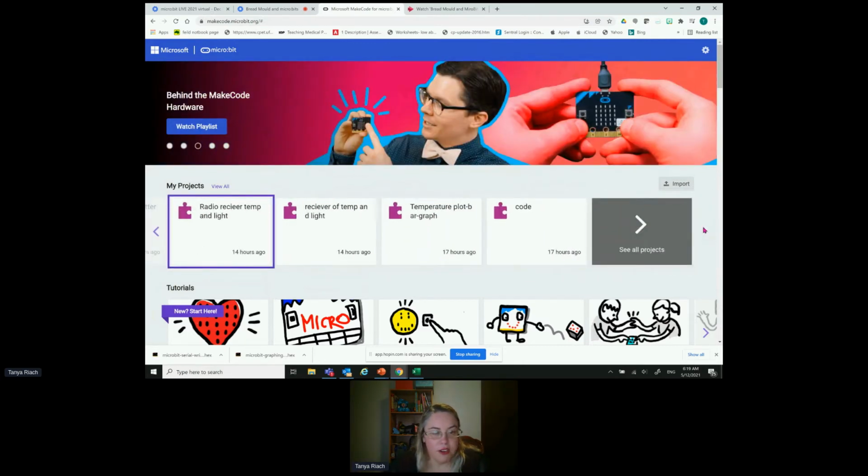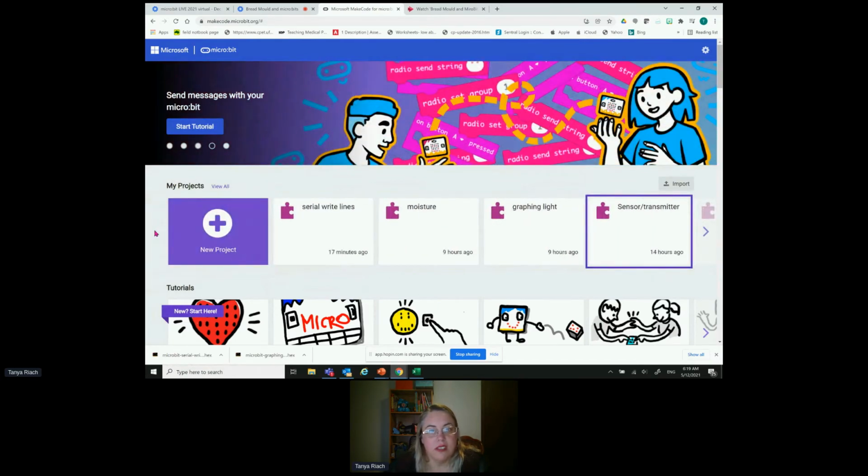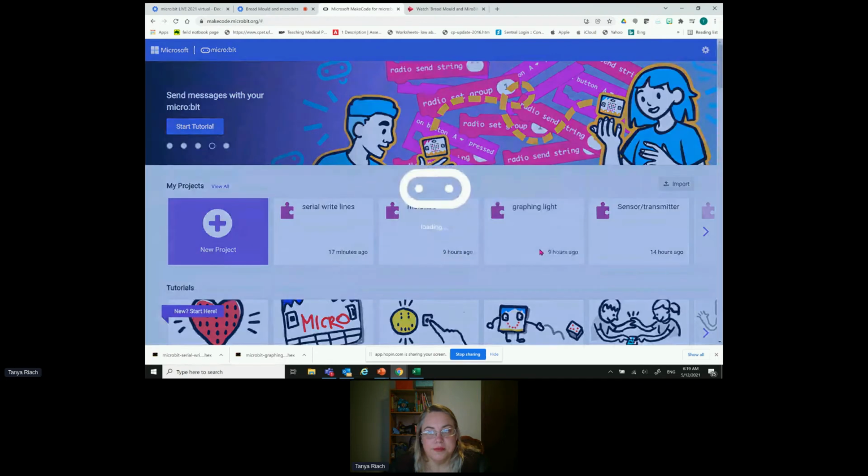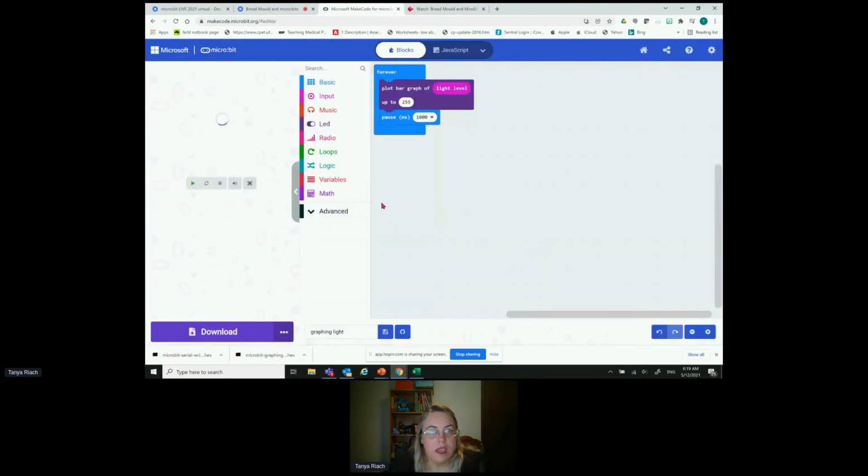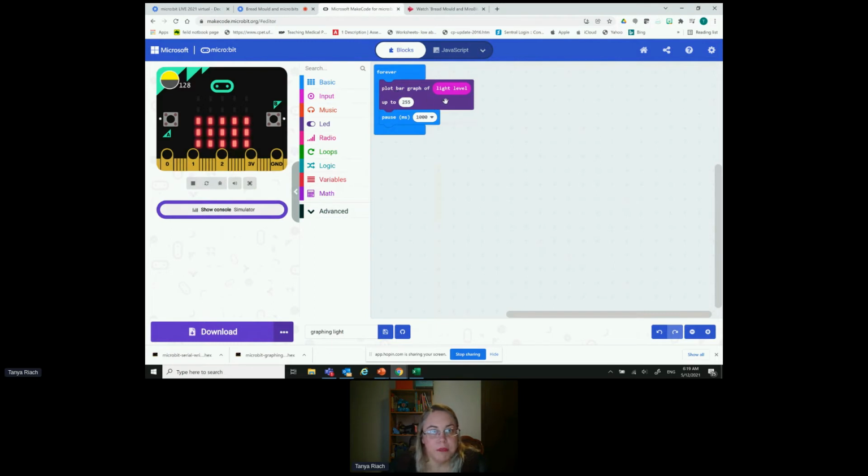To start off with, we looked at just light, initially just having the bar graph of the light, and the reason why we put up the 255 was so that when we were playing with the simulator, at 255, that's full light, full sun.